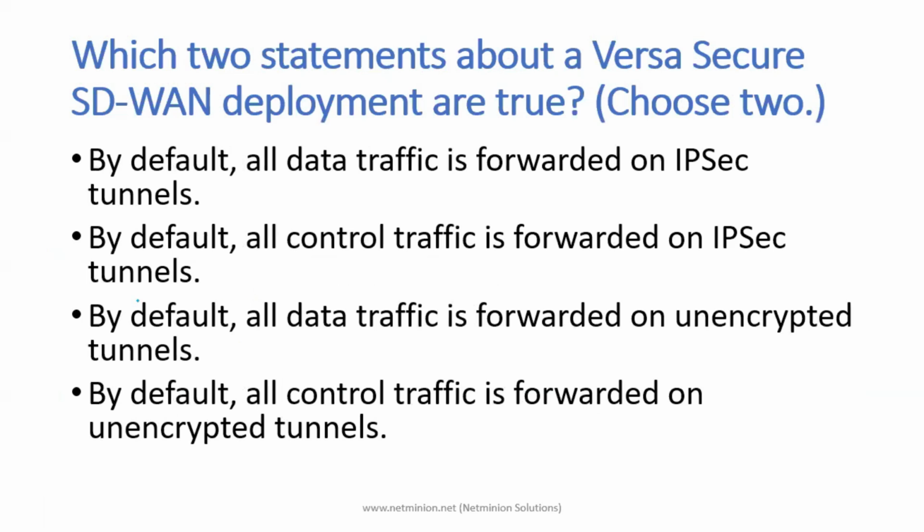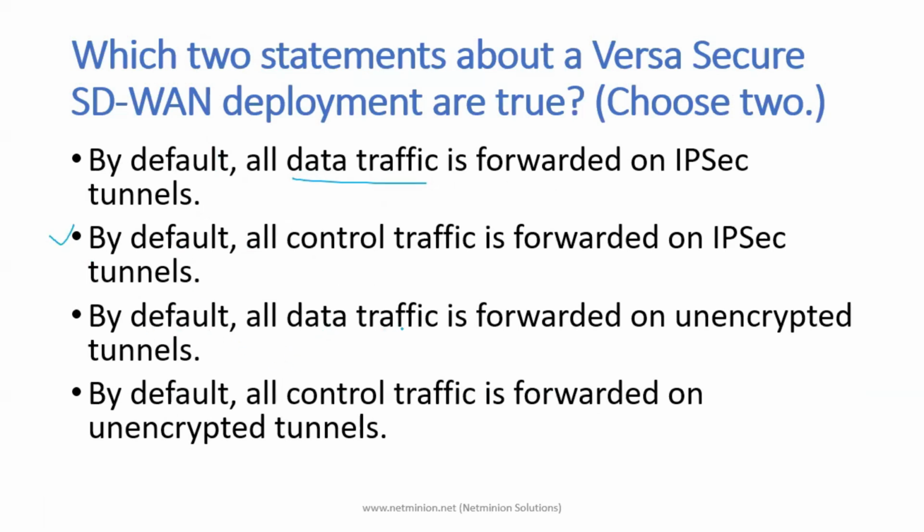Which two statements about a Versa secure SD-WAN deployment are true? It's two. Okay. By default, all data traffic is forwarded on IPsec tunnels. I hope not data traffic, but it should be control traffic, right? I should select control traffic.